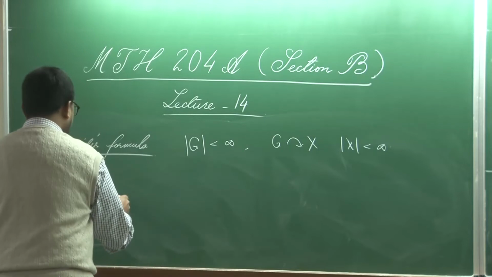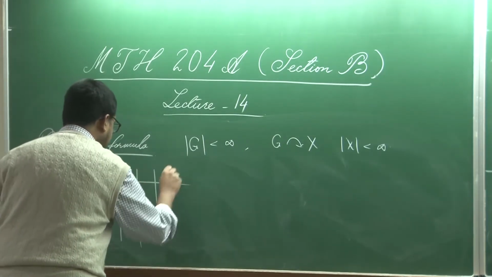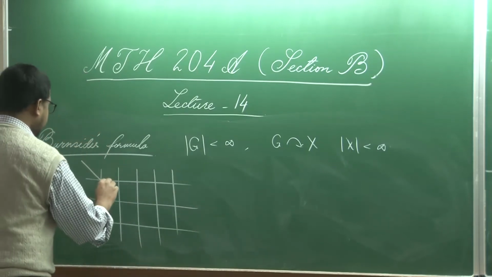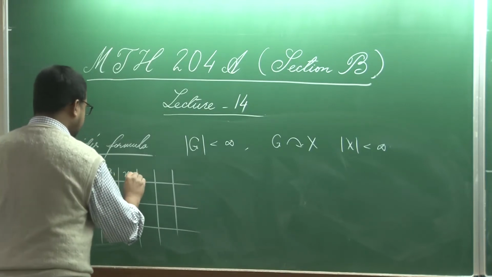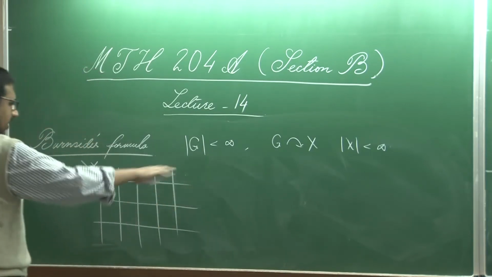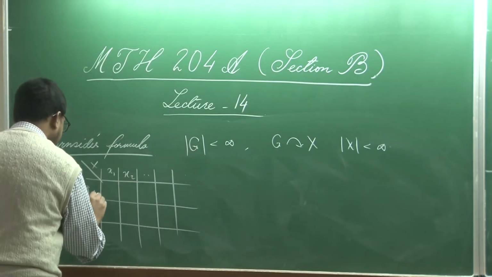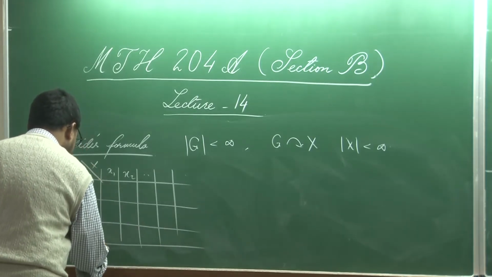To motivate it, let us consider a table. On the top let me write down the points in the set X as x1, x2, and write down the group elements of G as g1, g2, g3.